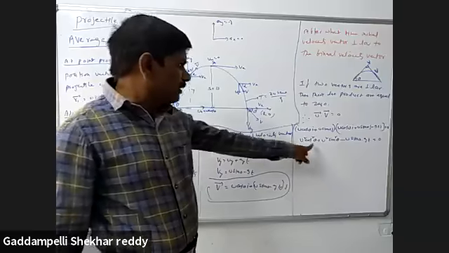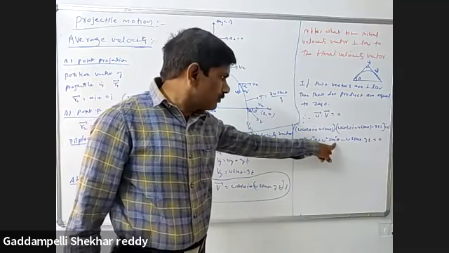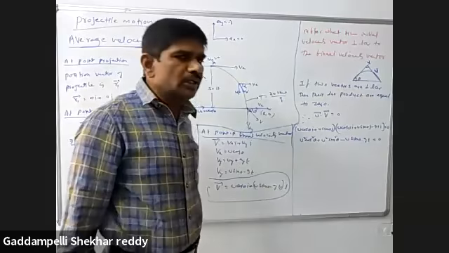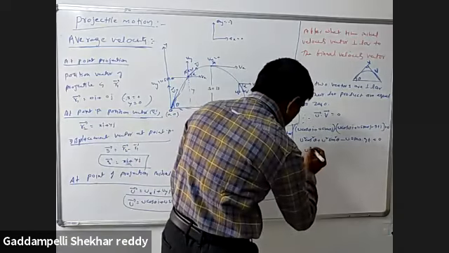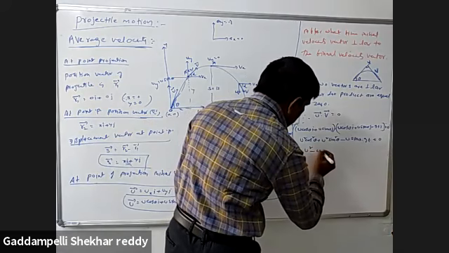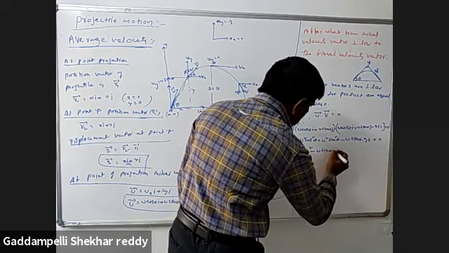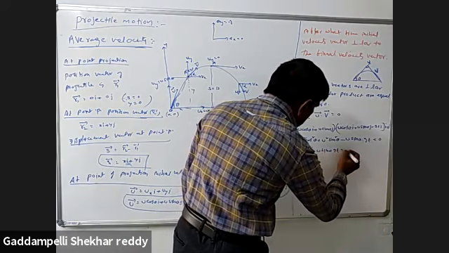So here what is common? U square common: cos square theta plus sin square theta remaining. Cos square theta plus sin square theta value we know is 1. So that means u square minus u sin theta gt is equal to 0.